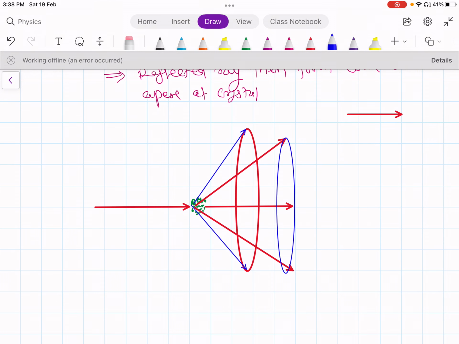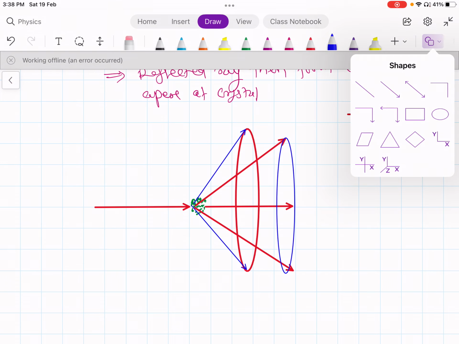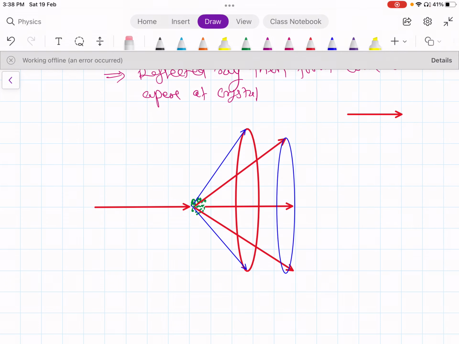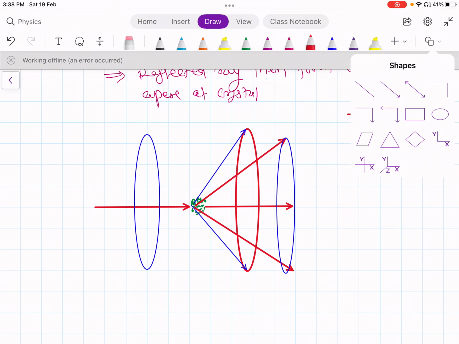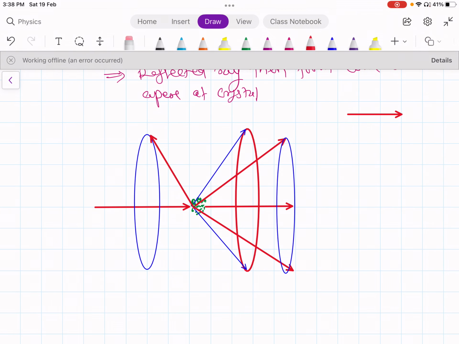And since there are orientations in all possible directions, some reflection will go back side also. So not only front side, but back side also we will get a cone. And so on. So for every set of parallel plane, we get one cone in forward direction as well as one cone in the backward direction.